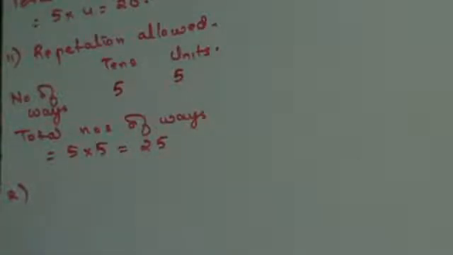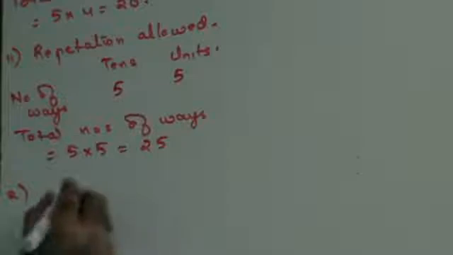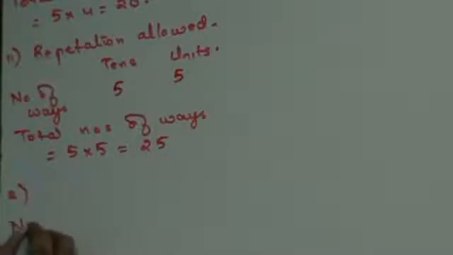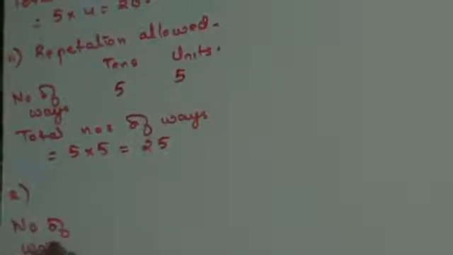A number lock has 3 rings, each marked with 10 digits from 0 to 9.